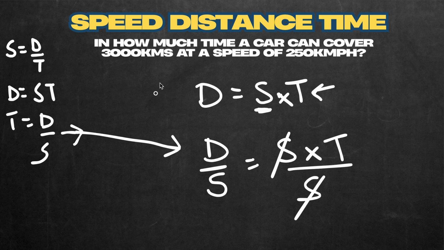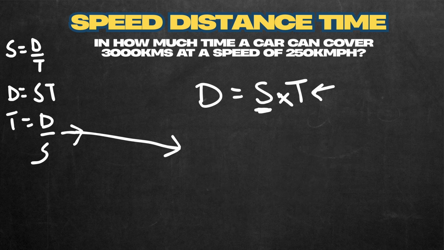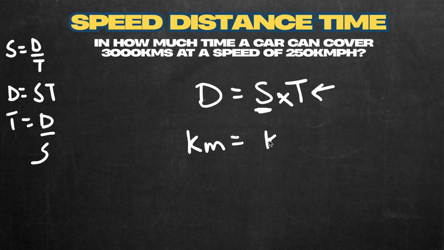Okay, and now let me show you also how units are adjusted. Units also work together in a very synchronous way. So distance equals kilometers, speed equals kilometer per hour, and time equals hour.